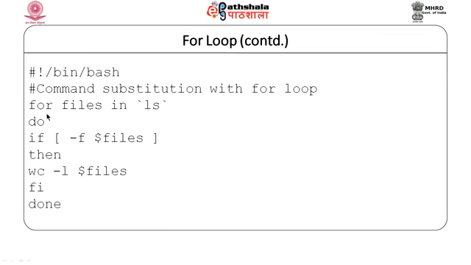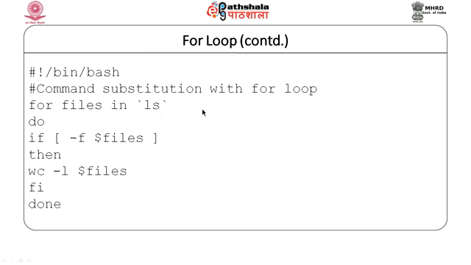This is the script which shows the real power of for loop. Here I have used command substitution. So, what will happen when the script executes? First the ls command will be executed. The output of ls command will become the list. So, naturally over here it will contain the list of files. There can be one file or there can be multiple files. Files is my variable name.